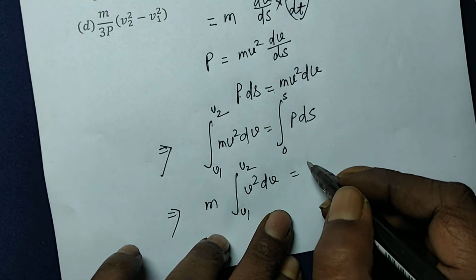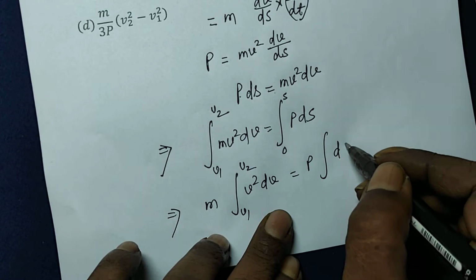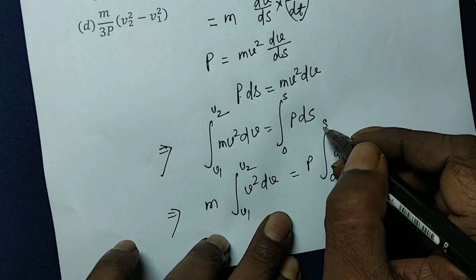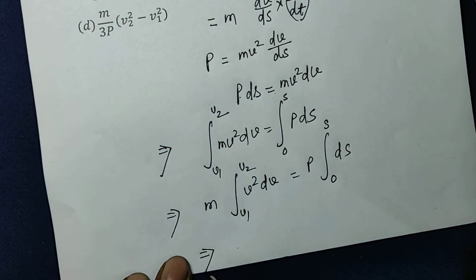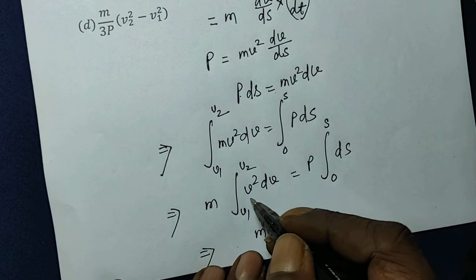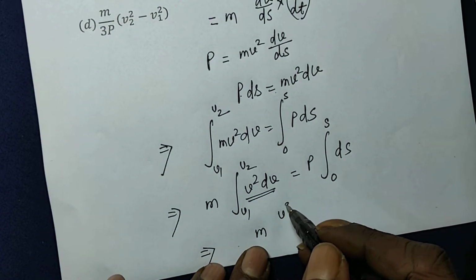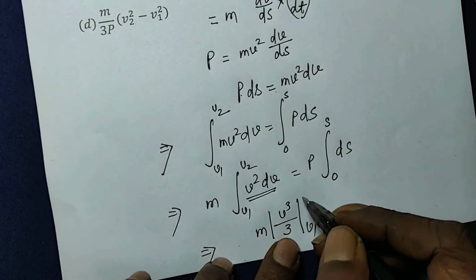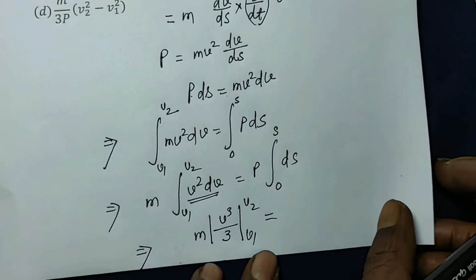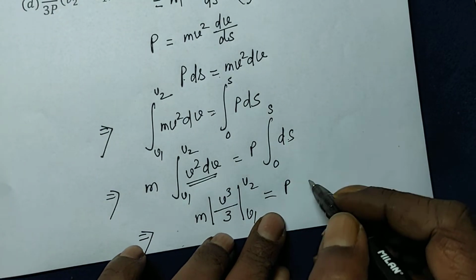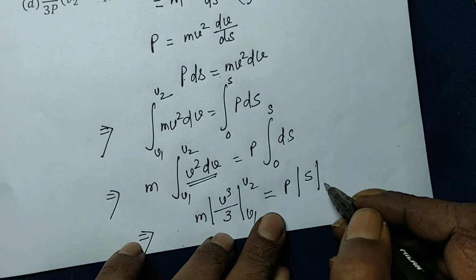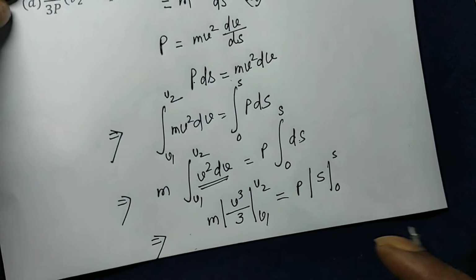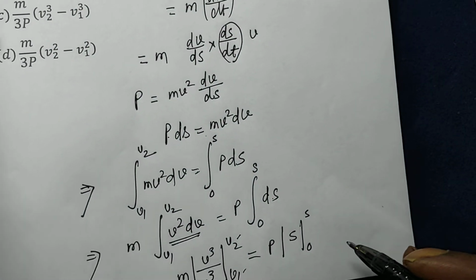Since power is a constant, it is taken out, and we have the integration of ds from 0 to s. So this becomes m times the integration of v square, which is v cube over 3, its value from v1 to v2, and the integration of ds is s, its value from 0 to displacement s. So this is the upper limit, this is the lower limit.